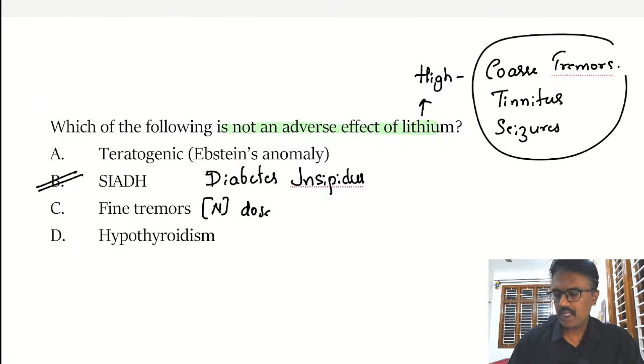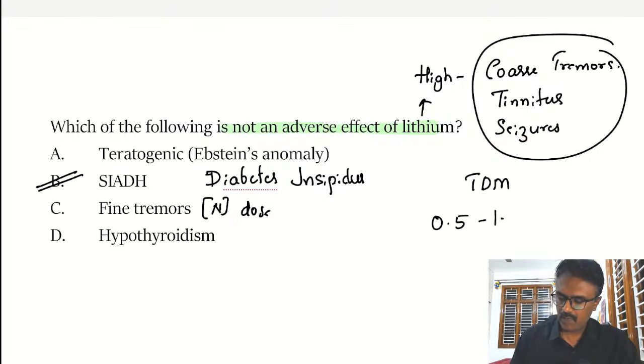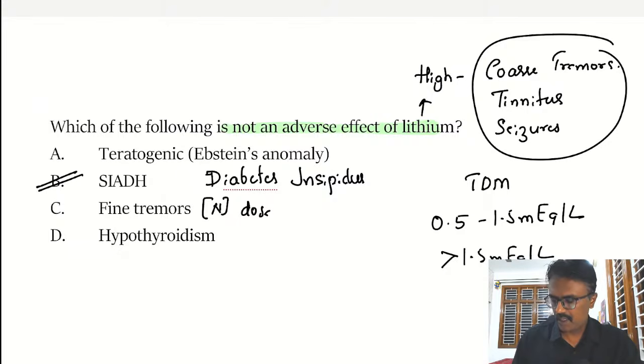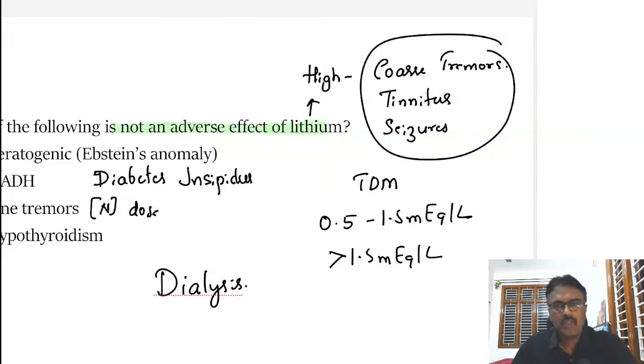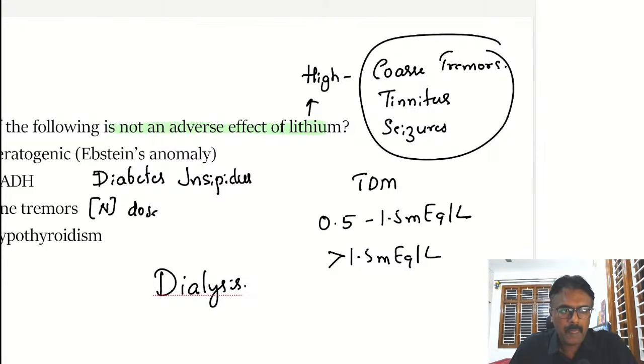Then how do you manage lithium toxicity? We do therapeutic drug monitoring. So it should be between 0.5 to 1.5 milliequivalent per liter. If there is more than 1.5 milliequivalent per liter, it is toxicity, and if the patient has symptoms, we manage the toxicity by doing dialysis. So more than 1.5 is toxicity.